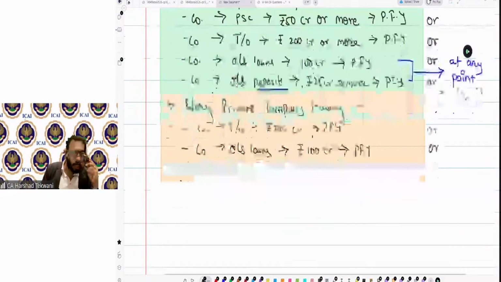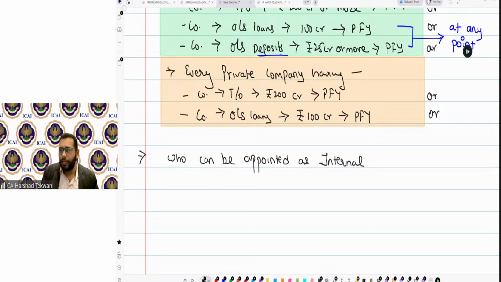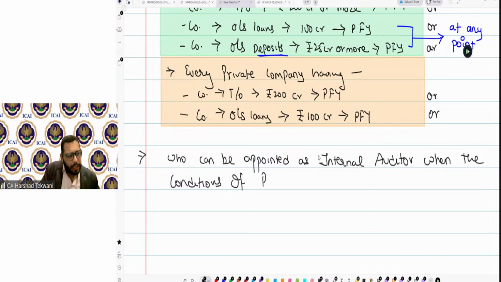Now coming to the next part of the discussion of rule 13: who can be appointed as internal auditor when the conditions of rule 13 are satisfied?